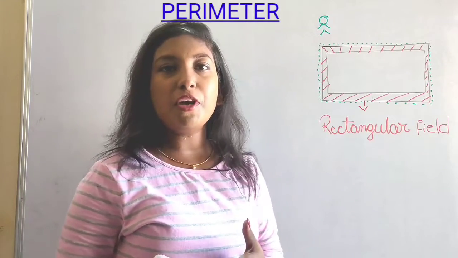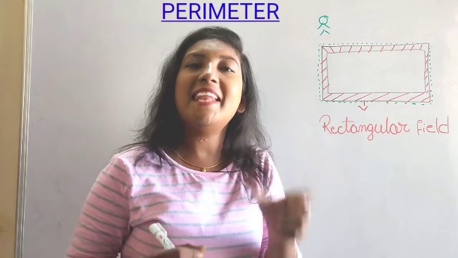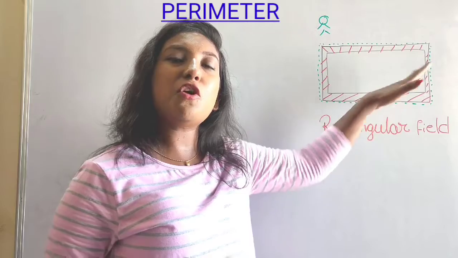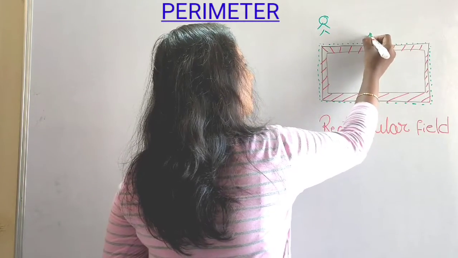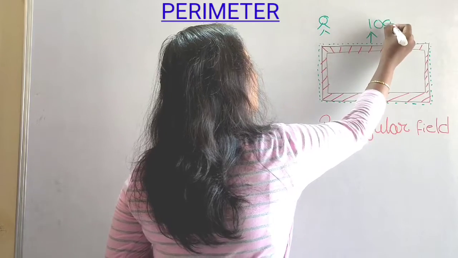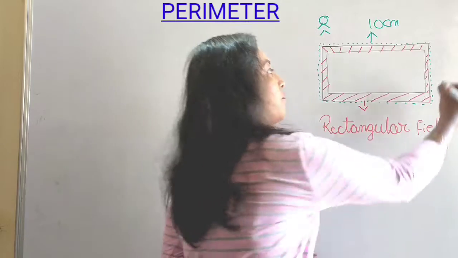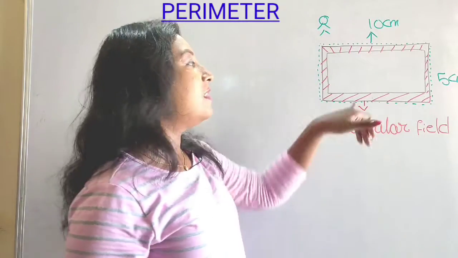Now, what are we going to do? Whatever you have walked, we are going to find the length of each side. Suppose the length of this side is 10 centimeters and the length of this side is 5 centimeters. And the length of this side?